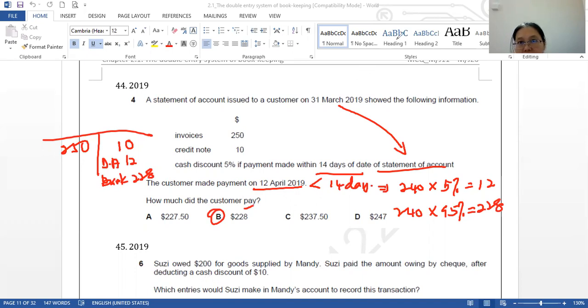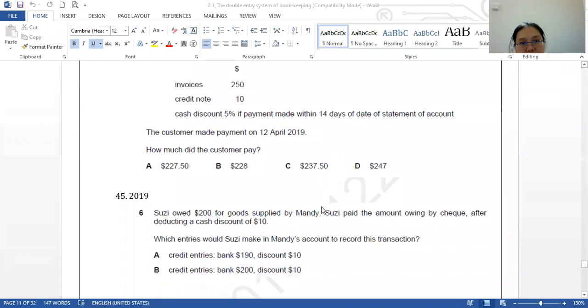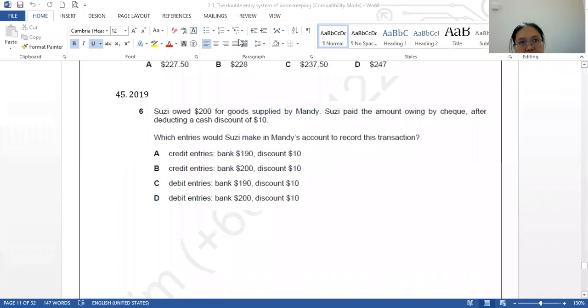Okay, let's continue. Susie owed 200 for goods supplied by Mandy. Susie paid the amount owing by cheque after deducting a cash discount of $10. Which entry will Susie make in Mandy's account to record this transaction?